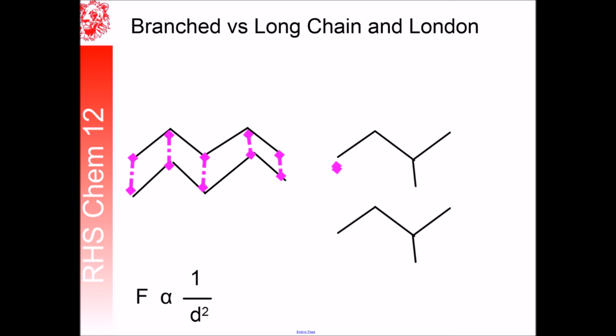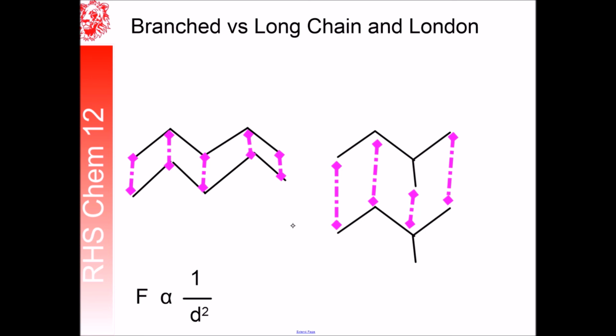So yes, it's true, you can still have lots of intermolecular forces, but the distances between them are quite a bit larger. And the forces are proportional to 1 over d squared. If I double the distance, my force is cut to a quarter. And if I triple the distance, my force is cut by a ninth. Small changes in your distance have dramatic differences in your force, and the larger the distance, the smaller the force.